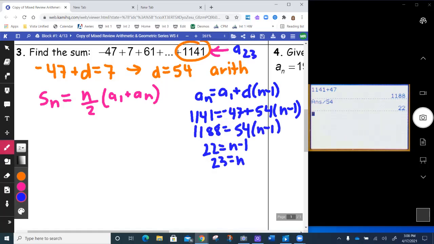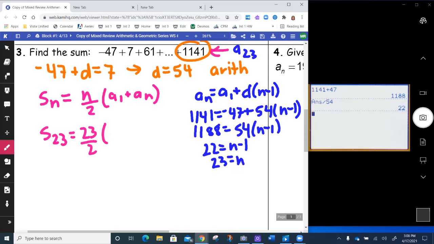So that means this term up here is a sub 23. That's my 23rd term. So when I'm finding my sum, I'm going to be finding S sub 23 is equal to 23 over 2 times my first term, which is negative 47, and my last term is 1141. And I'm going to put that into my calculator.